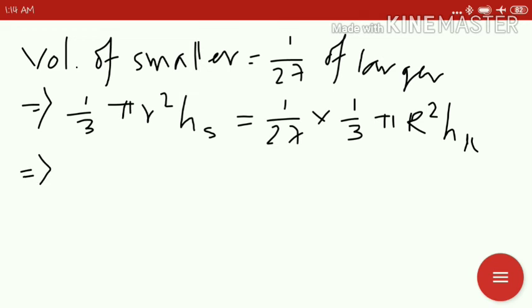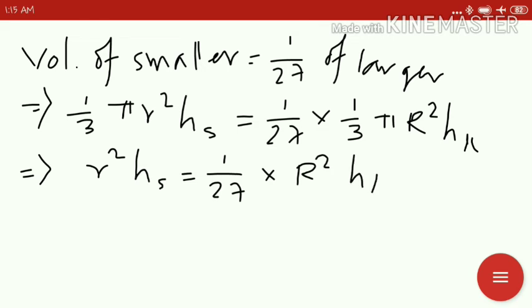You can see that from both sides 1/3 and pi will be cancelled out, but we will not cancel them directly. In the next step we will just omit that part. So if I omit the 1/3 and pi, it will remain that r square into h for the small equals 1 by 27 into capital R square into h for the larger.